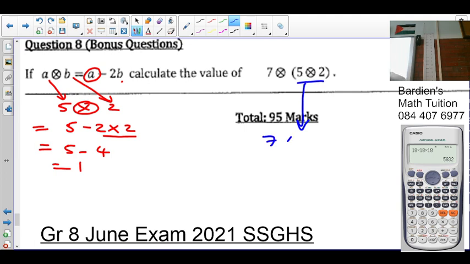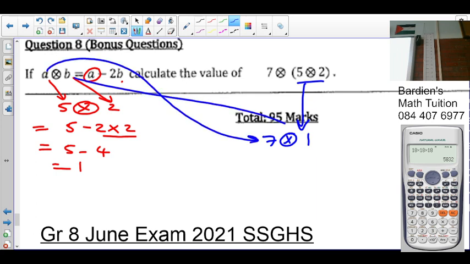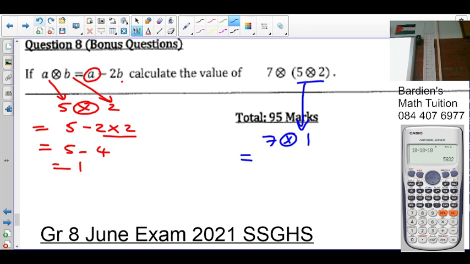So it's 7 some mathematical operation 1. So we repeat the process. What is in A's place? 7. What is in B's place? 1. Can you see that? So let's go again. So it's 7 minus 2 times 1. What's 2 times 1? 2, which is 5.